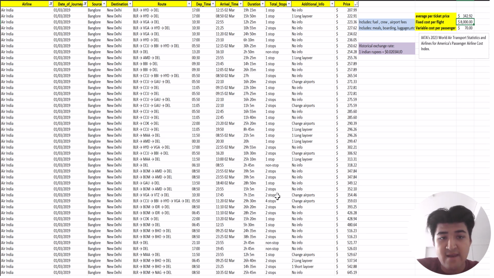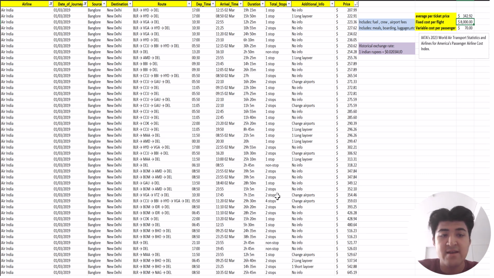These numbers reflect average operating costs for a short-haul flight using an Airbus A320, which is typically used for this route. To be transparent, these are industry averages, not Air India's specific disclosure, but they're credible, used by analysts, and more than suitable for our model.